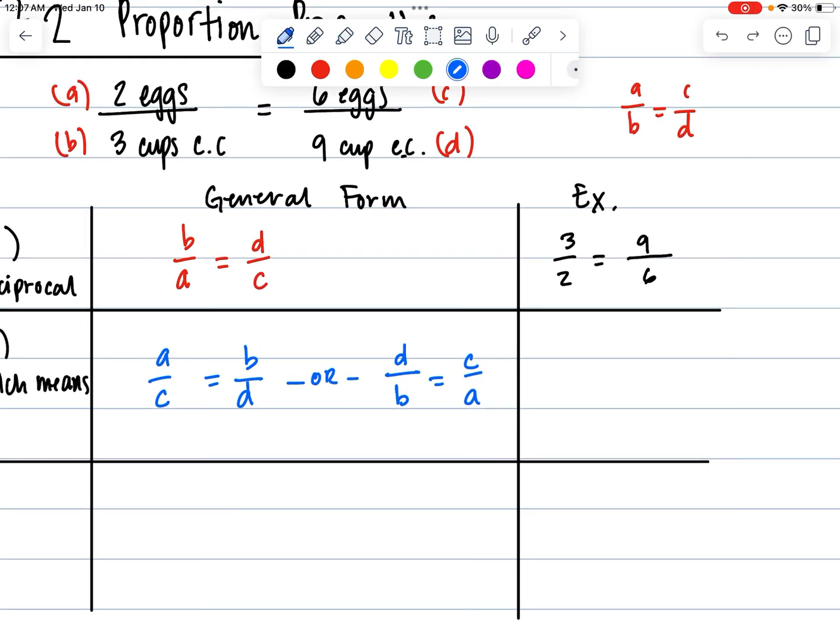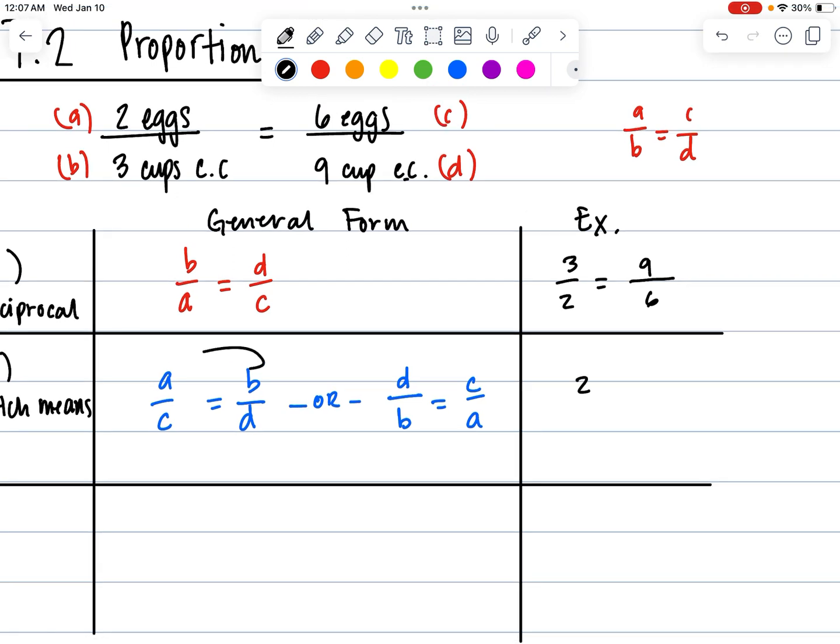In this particular case, it does seem weird because eggs will be over eggs. We'll have 2 eggs, and I'm going to use this first example. 2 eggs will be over 6 eggs. What this is just showing you is this is going to be your recipe versus actual. So the recipe calls for 2 eggs. What we're actually making is what we have, 6 eggs.